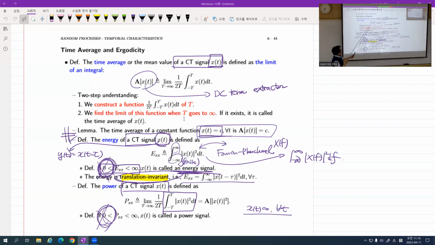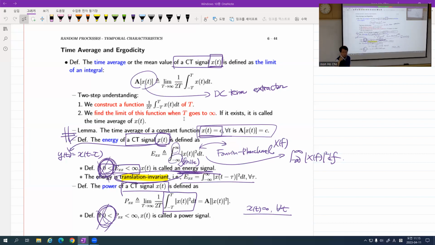Anyway, first you construct the function. Here you have a kind of infinite number of averages, and you consider the limit of it. The integral is a function of capital T in this case, and you have some new function, f of capital T, and you consider the limit of this function when T tends to infinity.